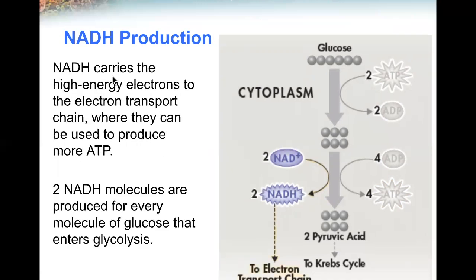The NADH carries high energy electrons to the electron transport chain, where they can be used to produce ATP. 2 NADH molecules are produced for every molecule of glucose that enters glycolysis. So 1 glucose, 2 NADH, net 2 ATP in glycolysis.